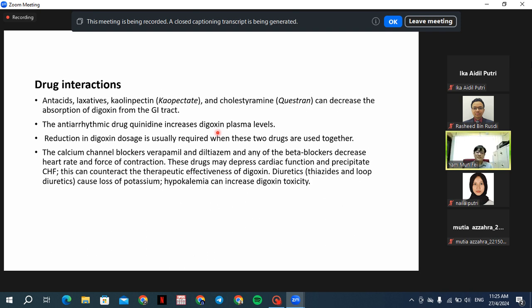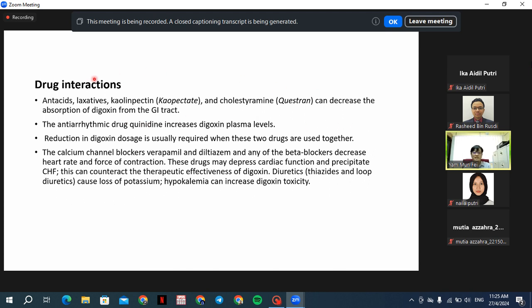So for digoxin, of course, because it's an old drug, a lot of information is available. There are drug interactions, especially with antacids, laxatives, and other drugs.